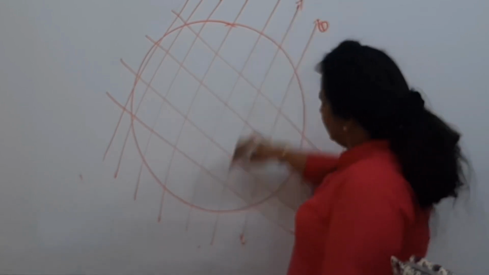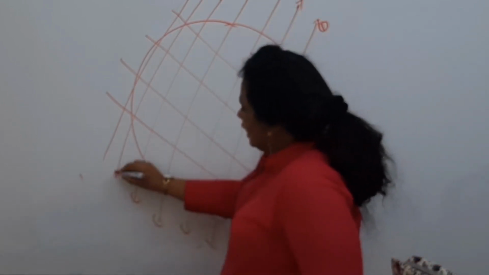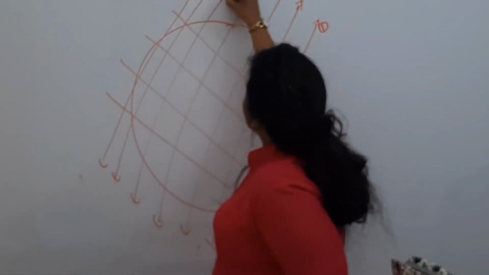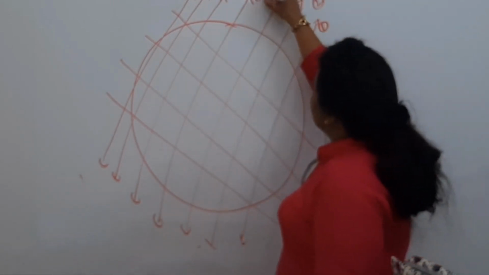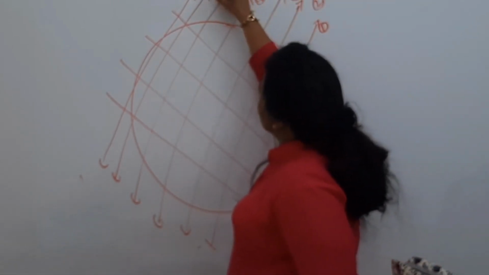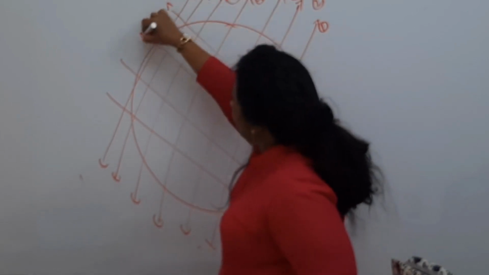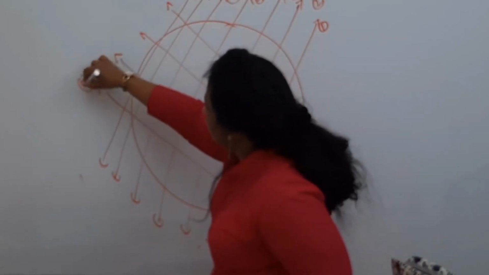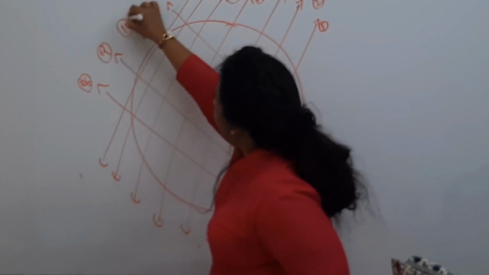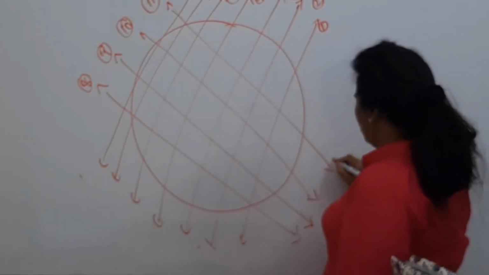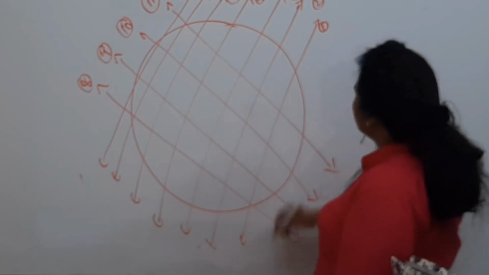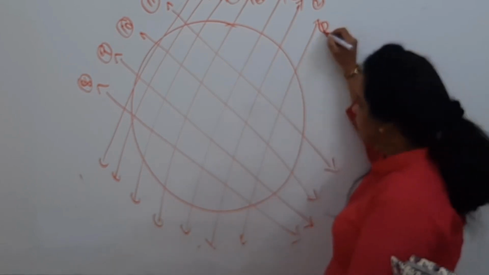Now you take any line. Let me name those lines as 1, 2, 3, 4, etcetera, and you have the lines here 8, 9, 10, 11. A number of lines are drawn in this circle. Now please take line number 1.